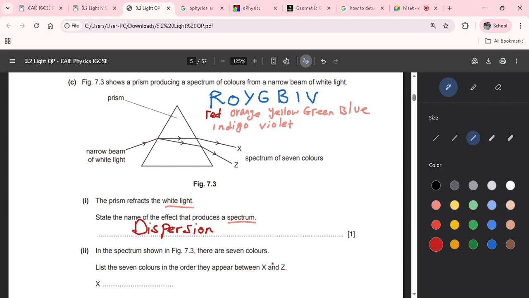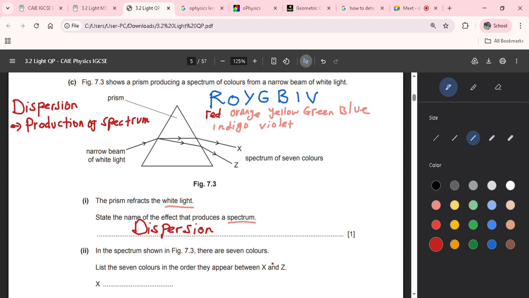So you have to know the difference. Dispersion is the production of a spectrum. The spectrum is ROYGBIV.